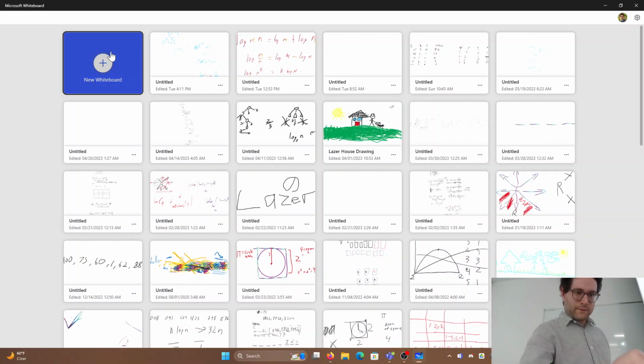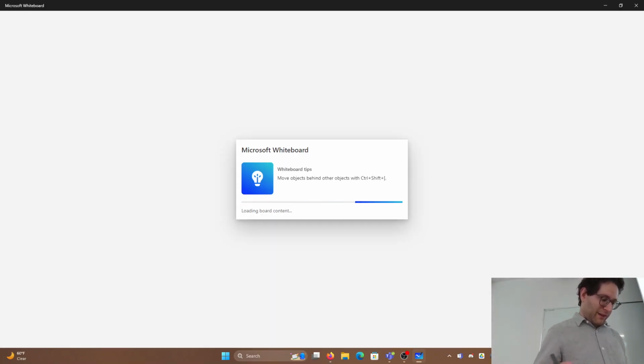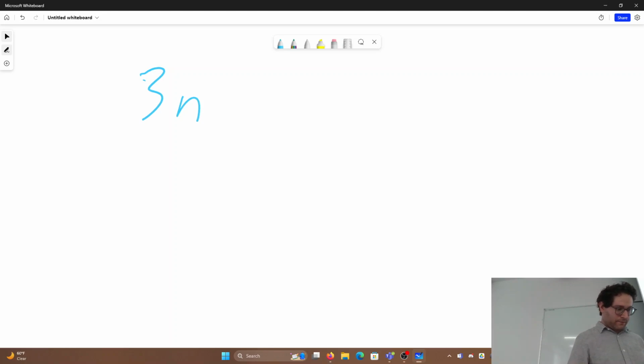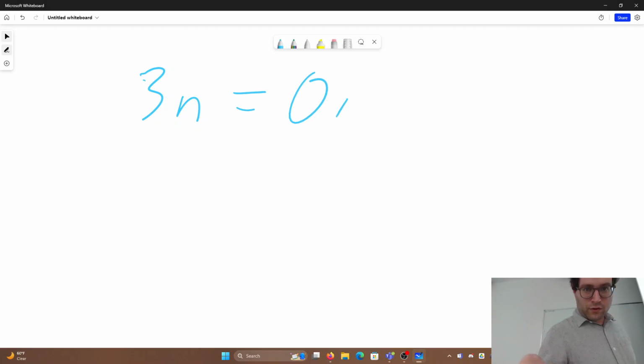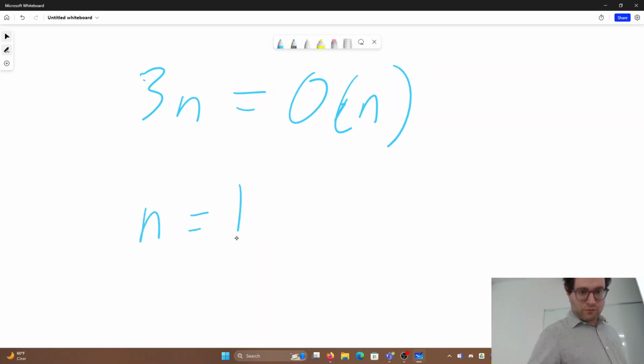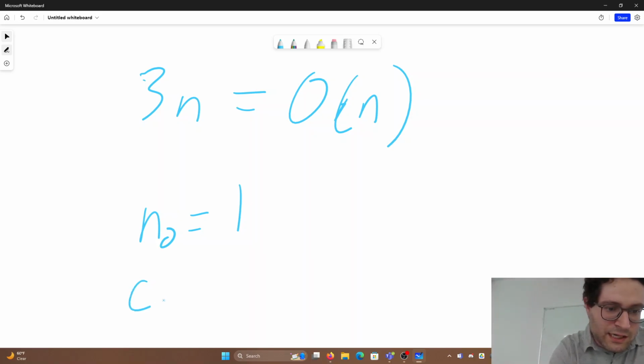So for instance, show that the following statements are true. 3n, we want to show that 3n is bigger than that. That's fairly easy to do. Let me set n naught equal to 1, and c equal to 5.